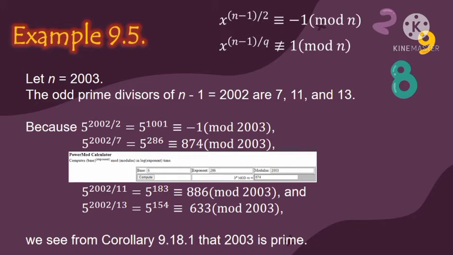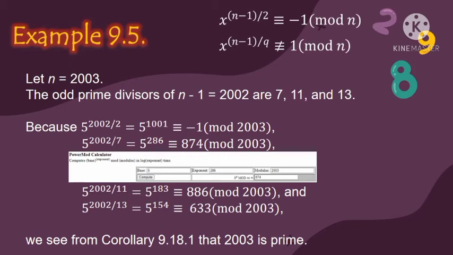So how do I get 874? I just simply use the power mod calculator. So you can see that. Next, 5 raised to 2002 divided by 11 is equal to 5 raised to 183, congruent to 886 modulo 2003. And 5 raised to 2002 divided by 13 is equal to 5 raised to 154, congruent to 633 modulo 2003.